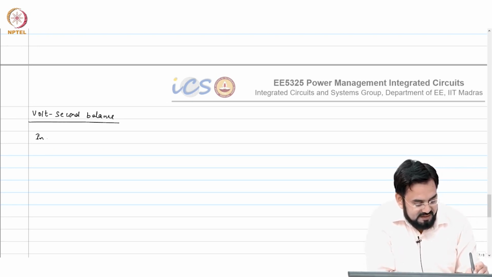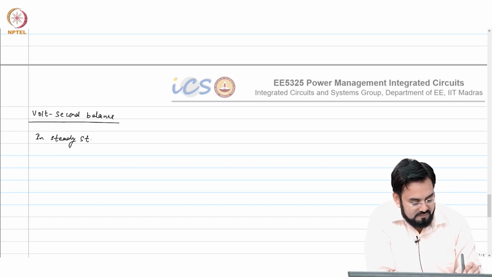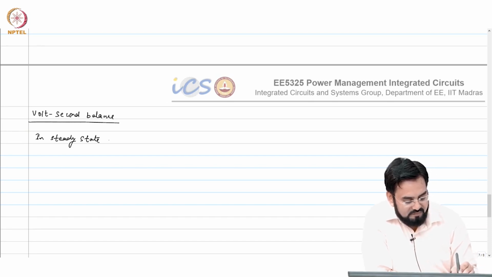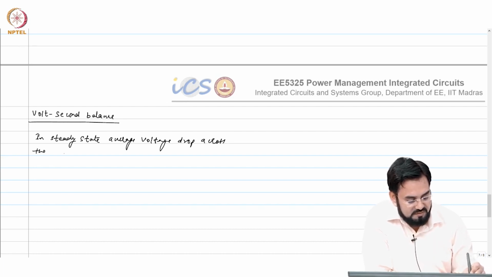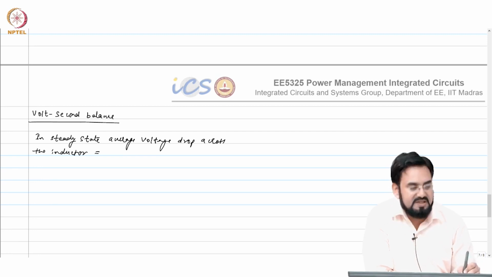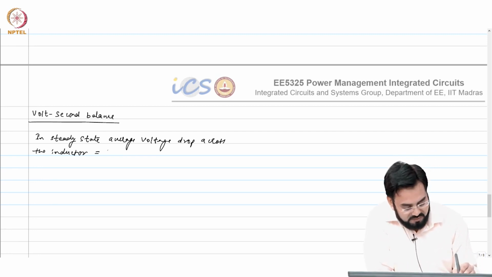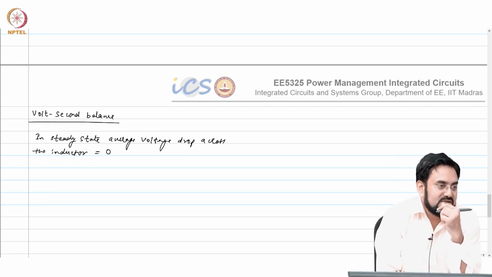So in steady state, the average voltage drop across the inductor, what should it be? 0, because it's a lossless component.